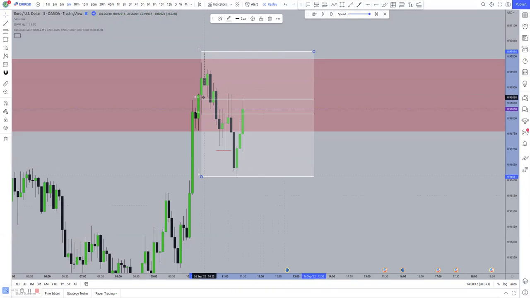Now above this 62% is my area of interest, not above 50%. I like it when price breaks above this level and gets into 62%. Above it, that becomes my premium to sell.